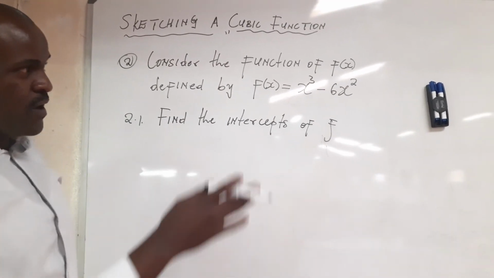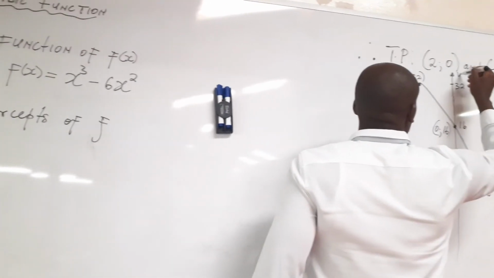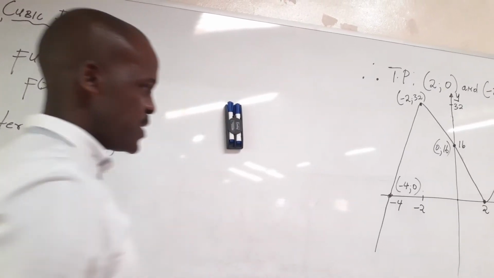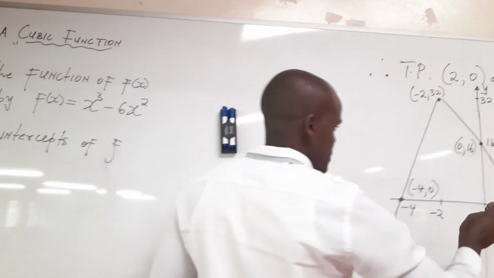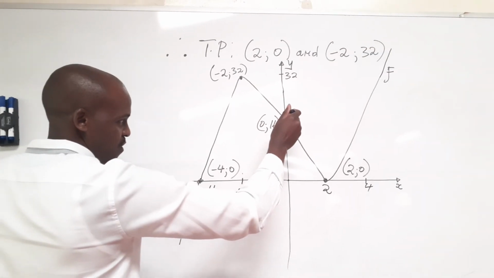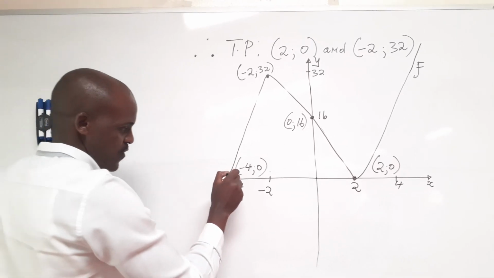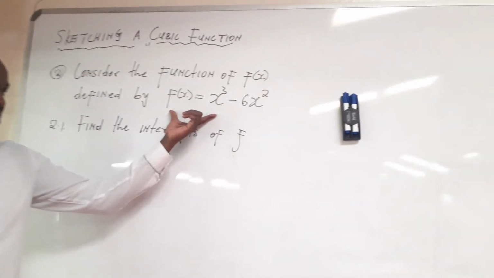Remember that we have the x-axis and the y-axis. This means that you are to find this point, that point, and that point. You are to find the y-intercept and the x-intercept. Right, this is the equation that has been given.